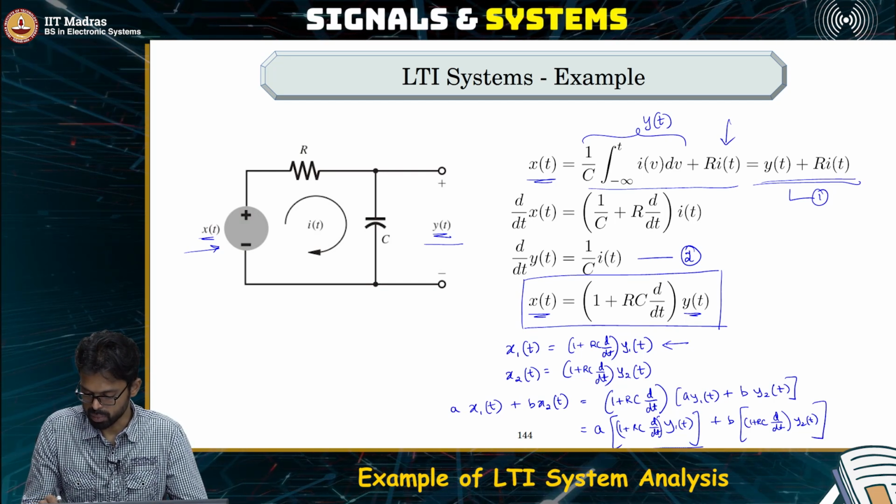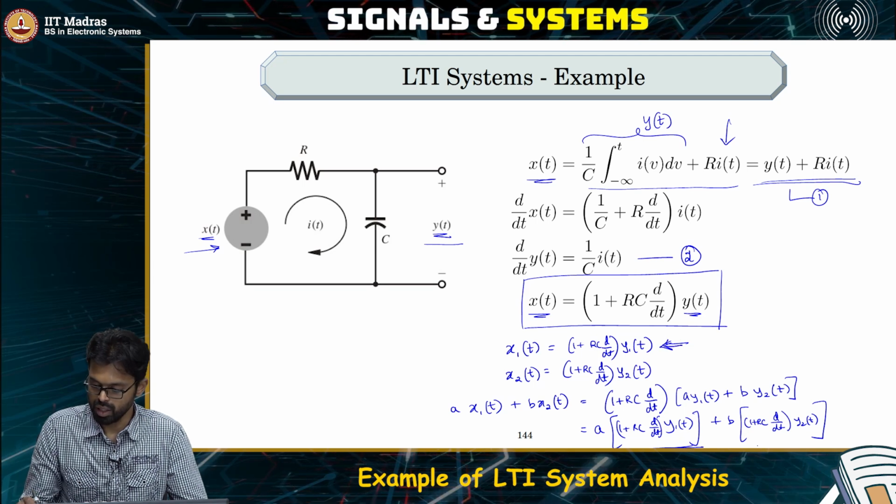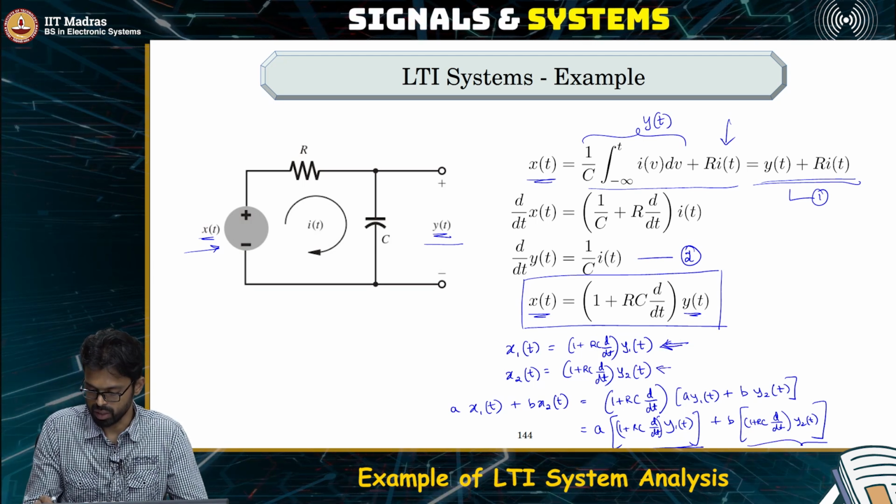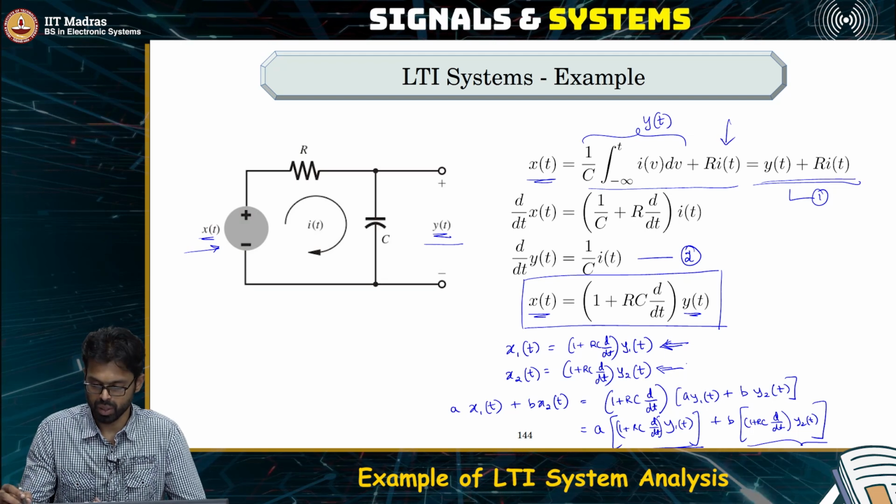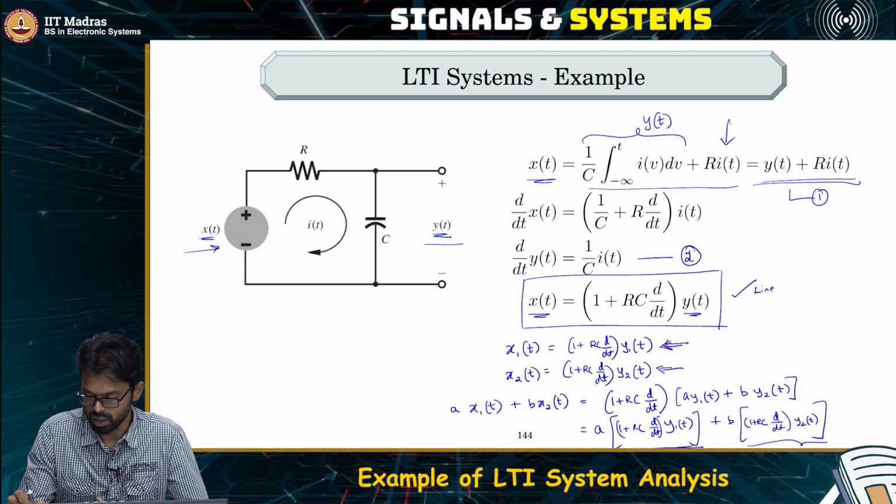So this entire expression is the output that we get here, and this entire expression is the output that we get here. So this satisfies linearity. So hence this system is linear.